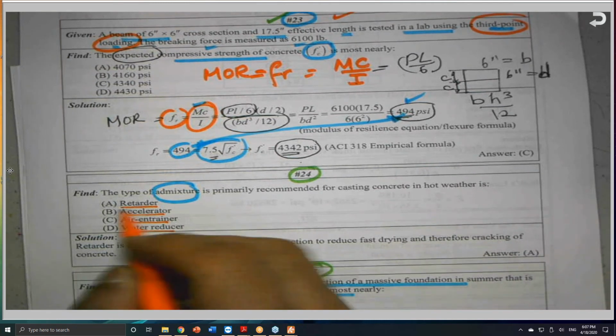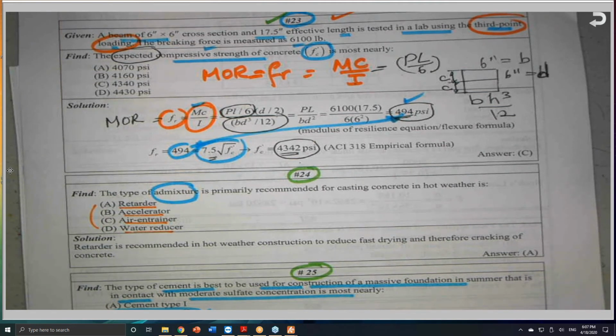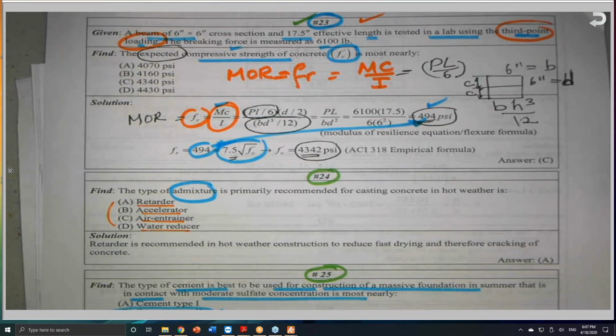Each one of these admixtures, they are chemicals, by the way. They are formulated for us to perform certain functions other than the normal concrete, because we have unusual conditions or unusual situations.